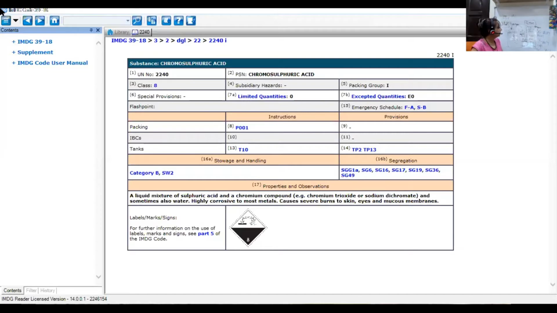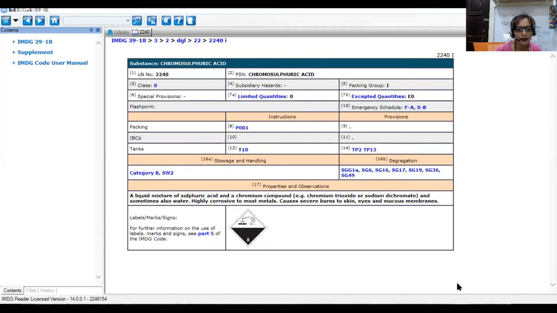Okay, so the UN packing approval code communicates this information. And when we see what it's communicating to us, now let's go back here.